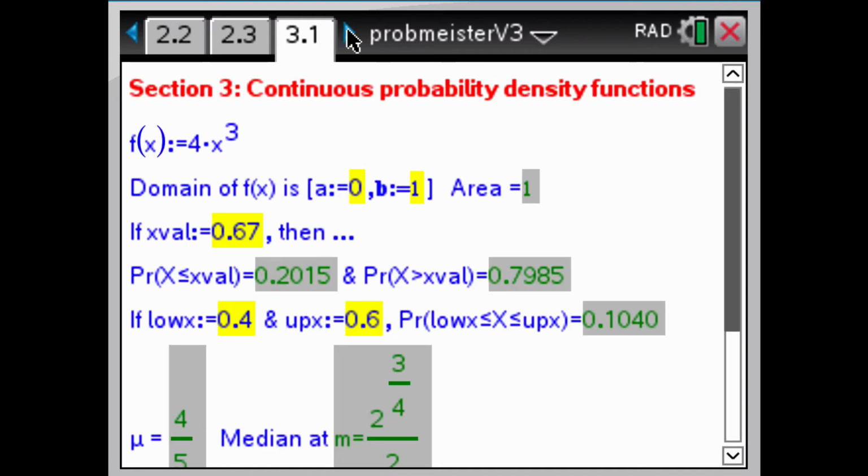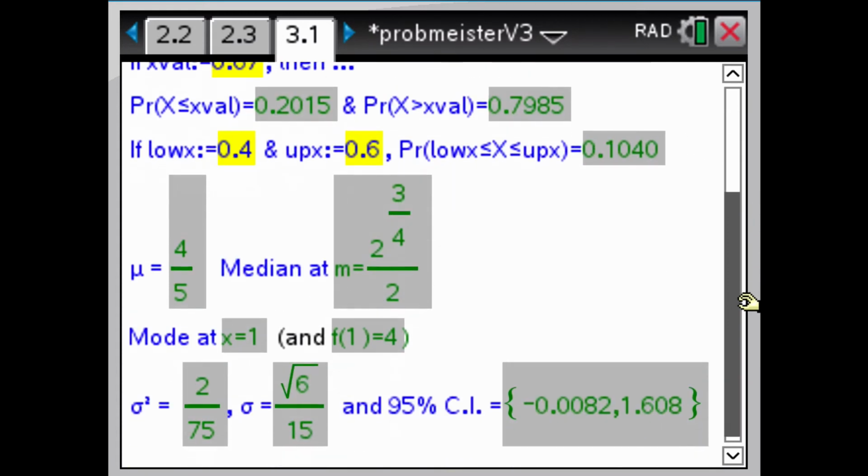Section 3 is for continuous probability density functions. You enter in a function, which I should have shaded as yellow, and now I will again. And once that's in, you set a domain, and this is the area command there, just to check that the integral is 1, and then calculations of probabilities, mean, median, mode, and variance, standard deviation, and confidence intervals for 95.